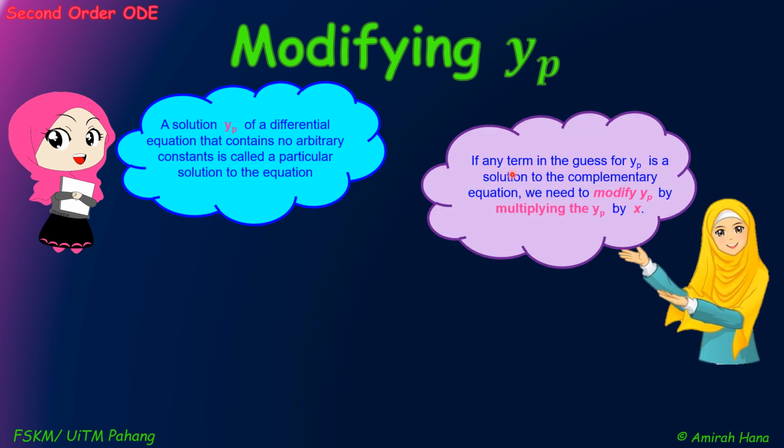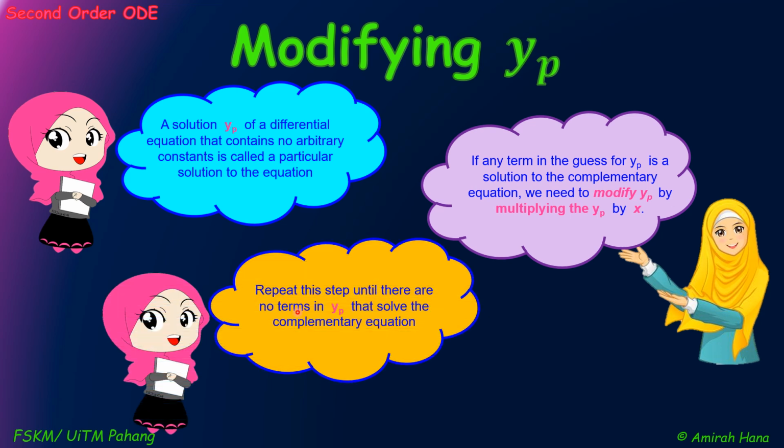If any term in the guess for YP is a solution to the complementary equation, we need to modify YP by multiplying the YP by X. Then, repeat this step until there are no terms in YP that solve the complementary equation.